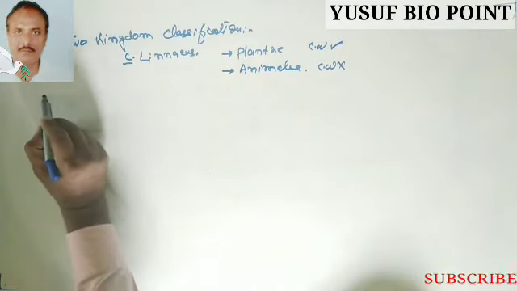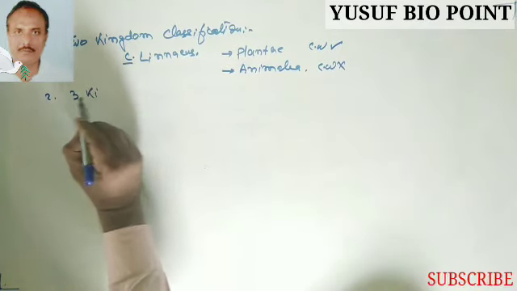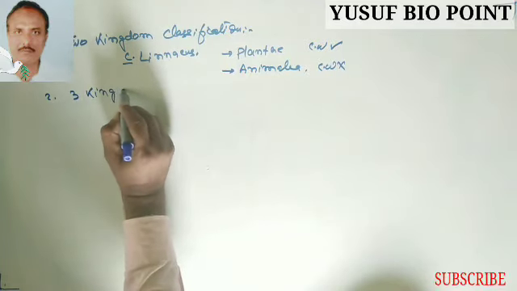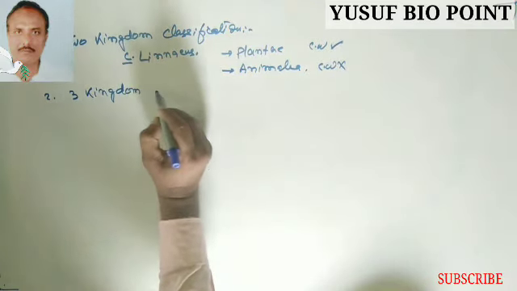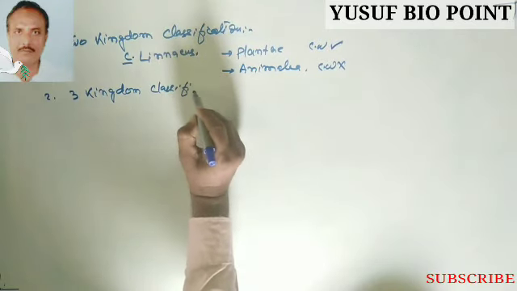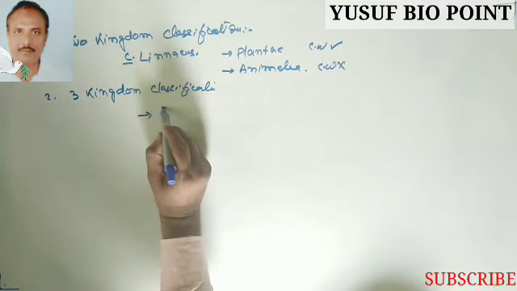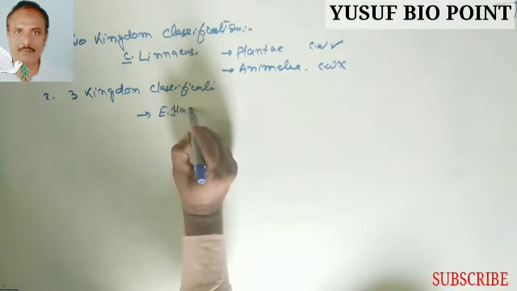So next one is three kingdom classification. That was given by Ernest Haeckel.